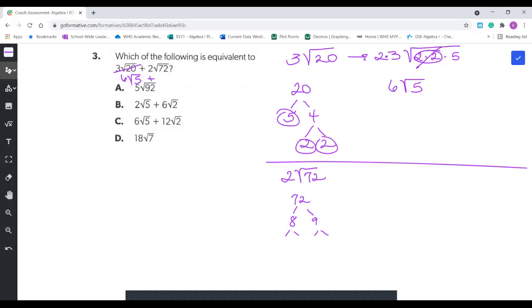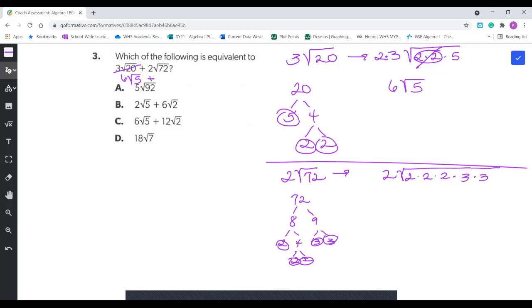Then I'm going to take 8, 2 times 4, and 9, of course, is 3 times 3. I can break down that 4 one more time, and I have 2 times 2. Cool. So now I can rewrite 2 root 72 as 2 times the square root of 2 times 2 times 2 times 3 times 3.